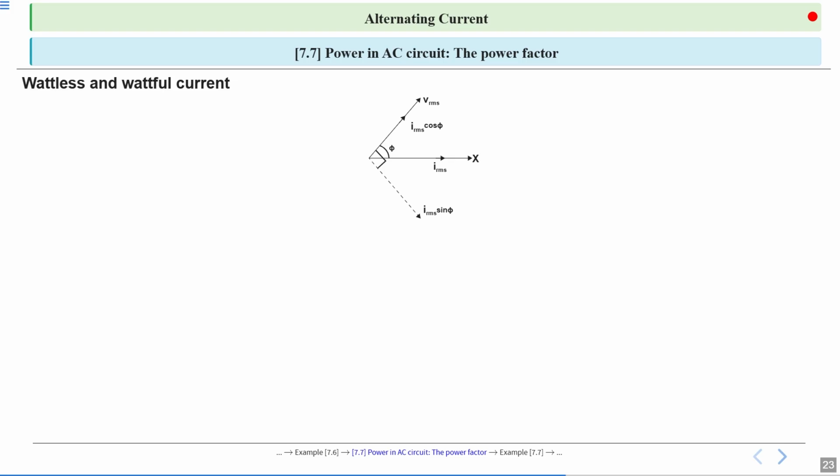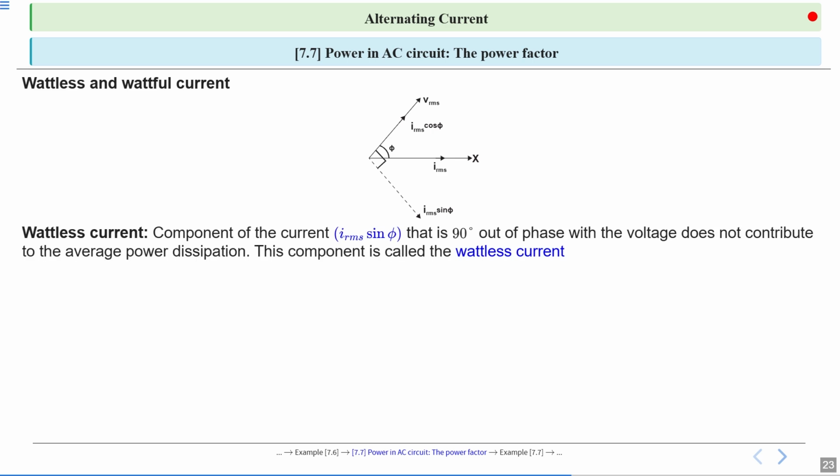IRMS cos phi, which is along the voltage VRMS, and IRMS sin phi, which is perpendicular to VRMS. So the phase difference between IRMS sin phi and VRMS is pi by 2. Due to this current, no power is dissipated in the circuit. So this IRMS sin phi is known as wattless current.